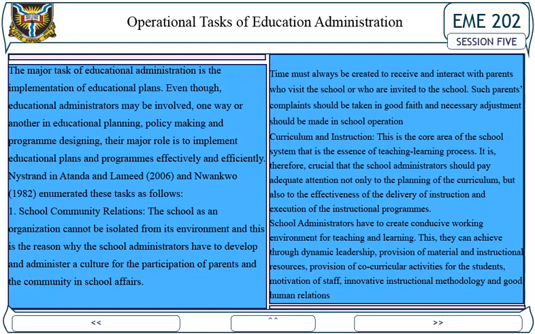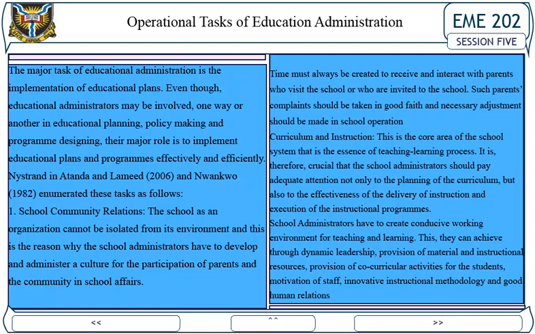1. School community relations. The school as an organization cannot be isolated from its environment, and this is the reason why school administrators have to develop and administer a culture for the participation of parents and the community in school affairs.